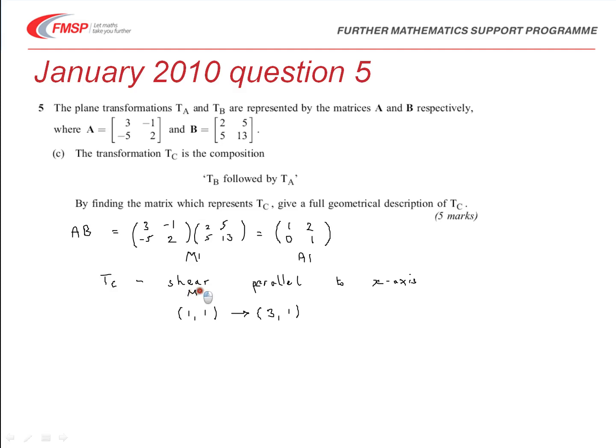Then giving it a full description by firstly stating the fact that it's parallel to a particular fixed line, and then stating clearly an image of a point, not necessarily 1, 1, but at least a point under that transformation. And that gives you your final fifth mark.